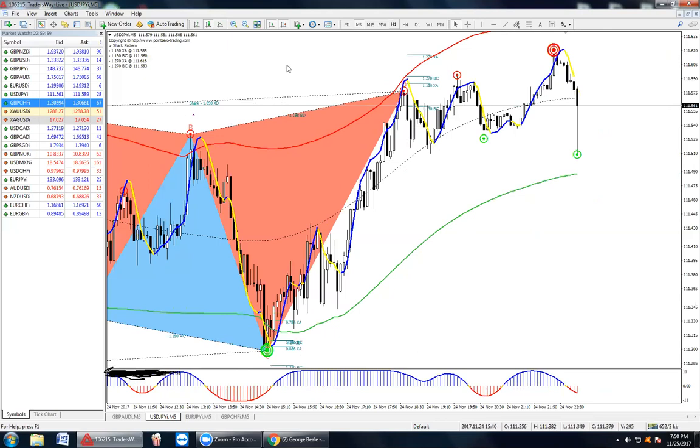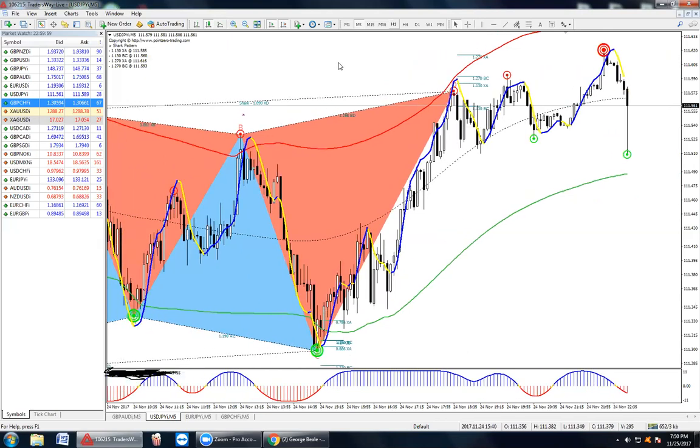Now, if you're very new to harmonic trading, please be aware that harmonic patterns can and do sometimes repaint themselves. What that means is that this harmonic pattern could have first formed on this candle, and then formed here again, and then finally formed at this marker before becoming a valid harmonic pattern.